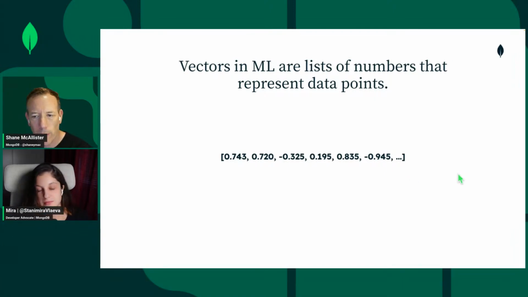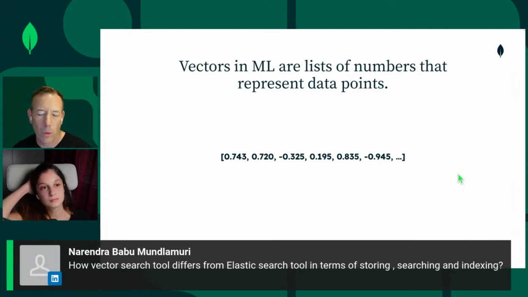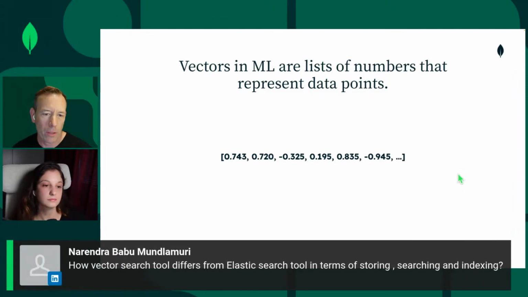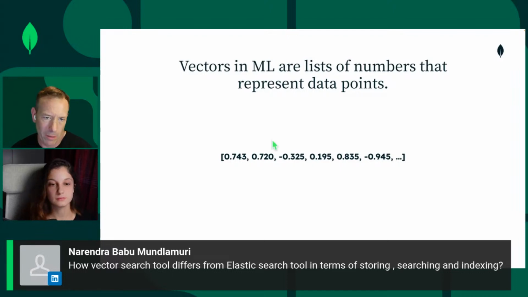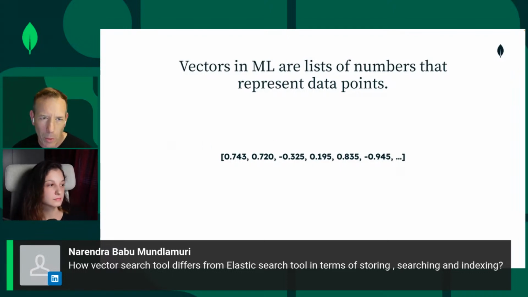Okay. Well, we're on about the questions that popped up. There was another one, which was how vector search differs from Elasticsearch in terms of storing and searching an index. From my understanding, Elasticsearch is semantic search using natural language processing, and very similar, right? I think Elasticsearch is also based on Lucene, similarly to Atlas Search, and it's basically a keyword search engine.